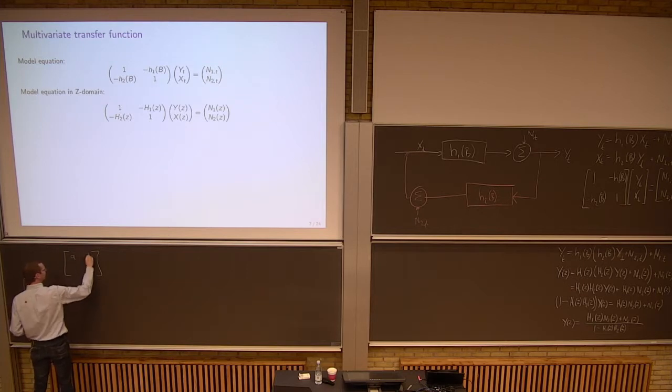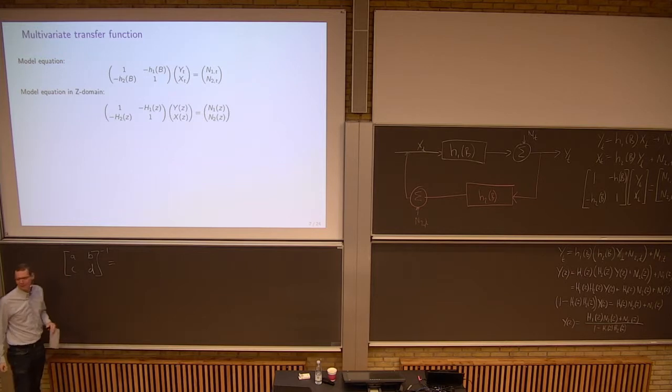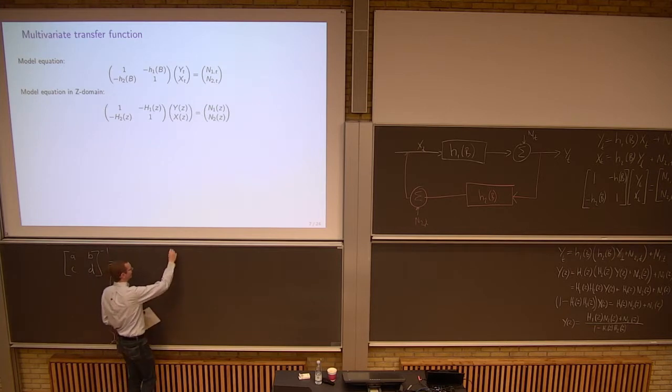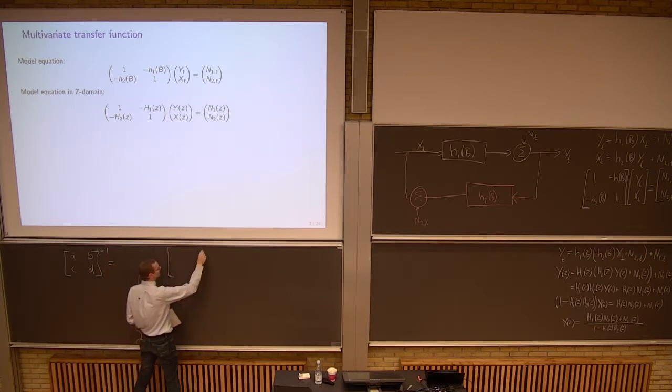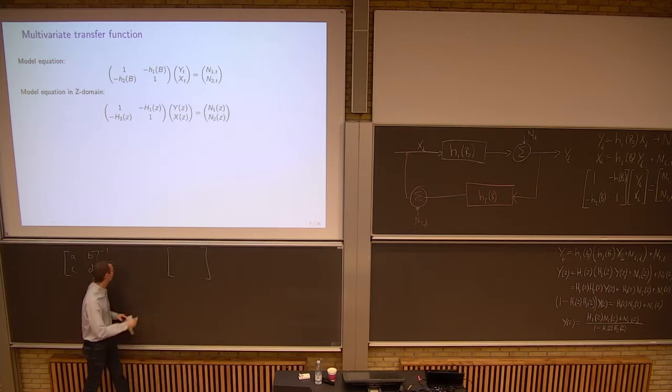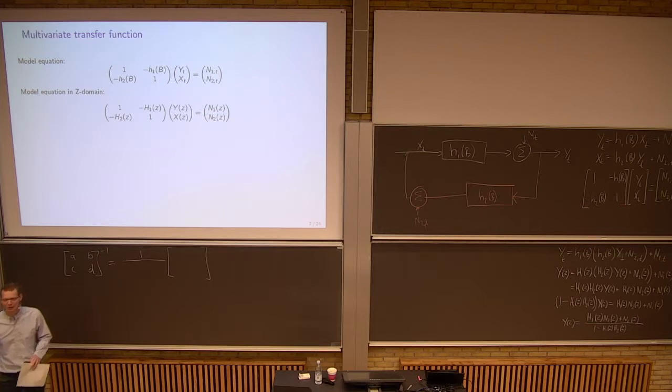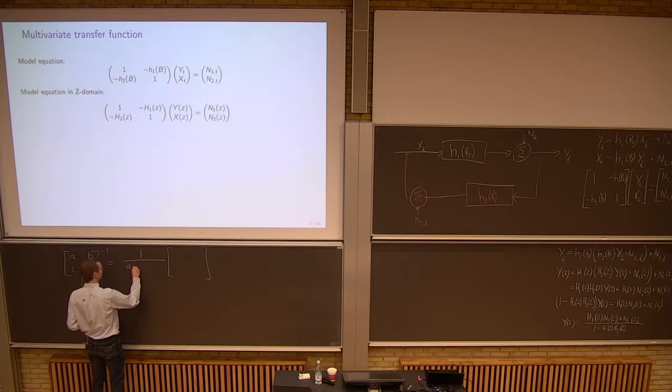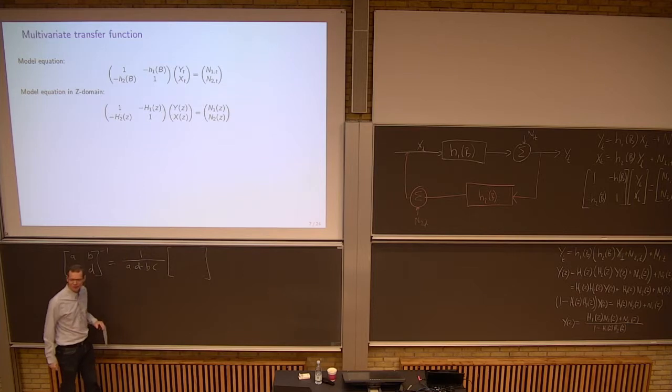So if I have a matrix A, B, C, D, and I want to calculate the inverse of this, then there are two parts in it. The determinant might go there. Yes. A times D minus B times C. The determinant goes there.